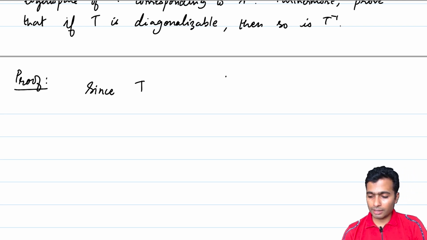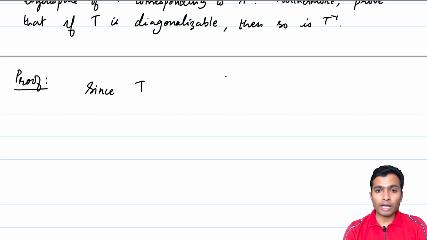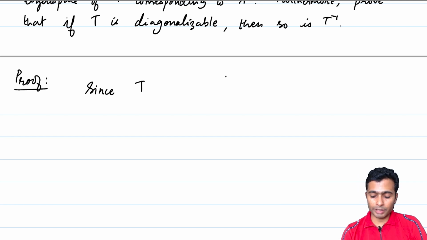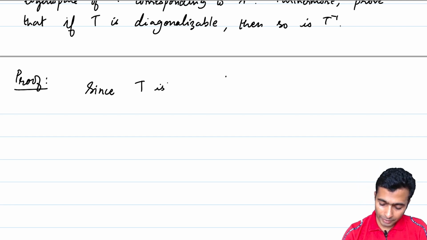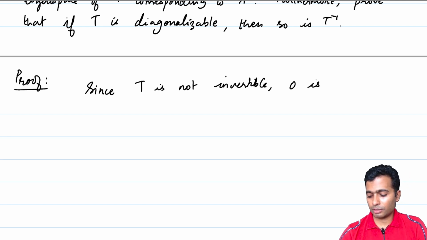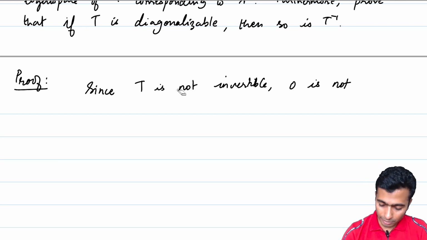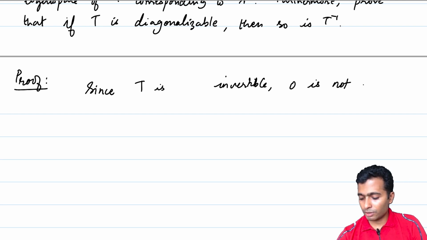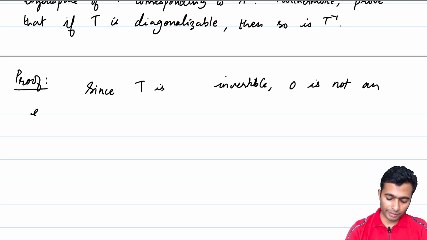We can say that it will not have any nonzero element in the null space, and therefore 0 cannot be its eigenvalue. Since T is invertible, 0 is not an eigenvalue of T.